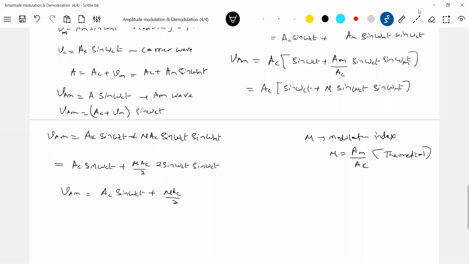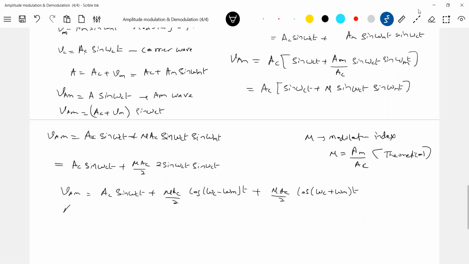I'm going to write this as cos of omega c minus omega mt plus... okay, fine. So these are the 3 components I got.